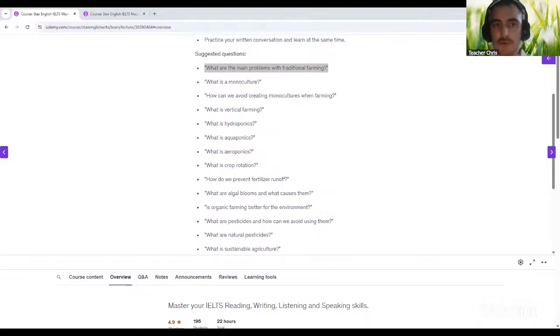So we're talking about slugs and snails and locusts and various different animals that might eat the food. So a pesticide, if you have "icide" at the end of something, it means to kill. So pesticide is a chemical that kills pests.